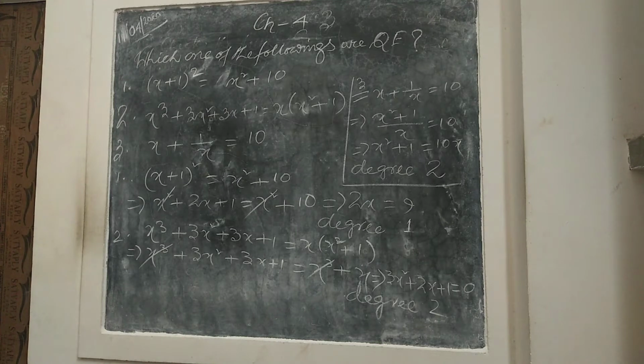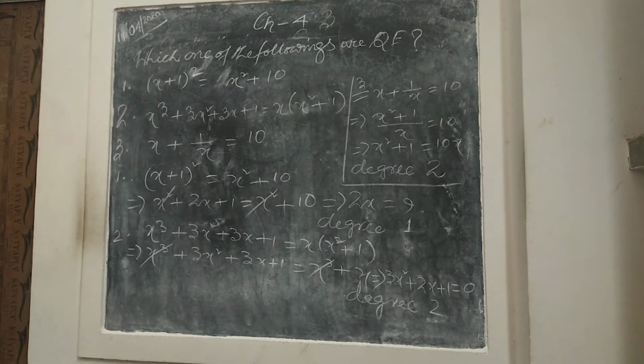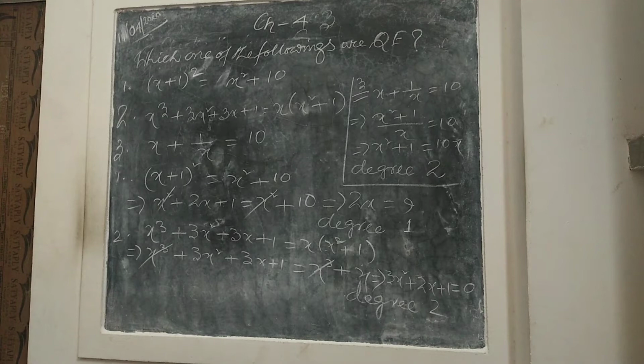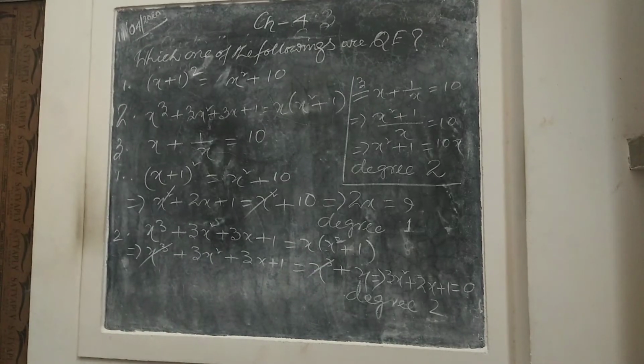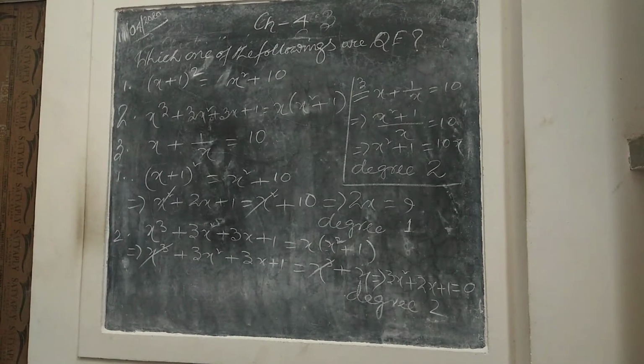So let's see the first one. It is given (x + 1)² = x² + 10. Using the identity formula, (x + 1)² is x² + 2x + 1 = x² + 10.